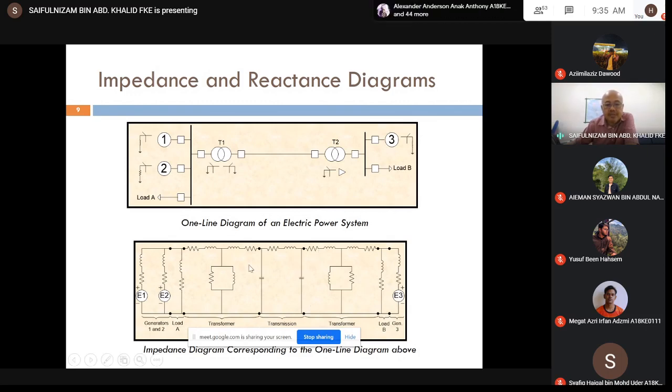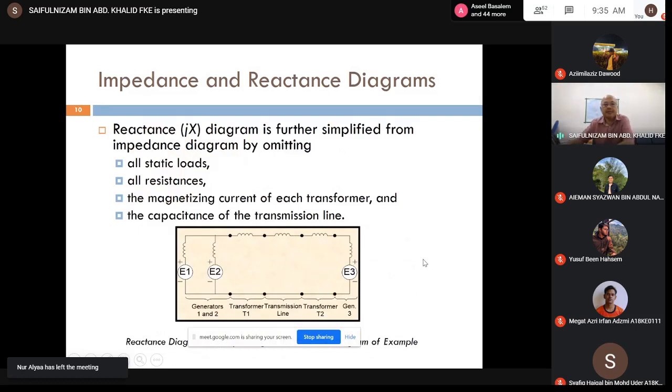For a balanced system, we consider the balanced case. That's why there is no neutral earthing appearing in this impedance diagram. And this is also known as the positive sequence impedance diagram. Okay.